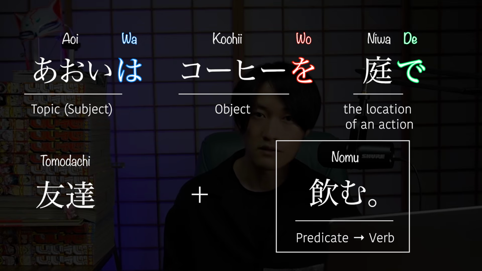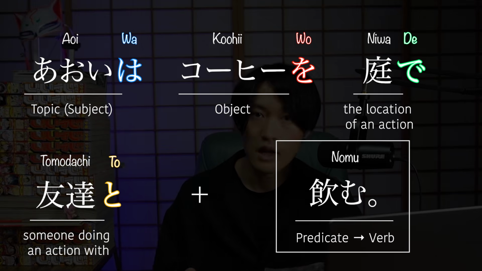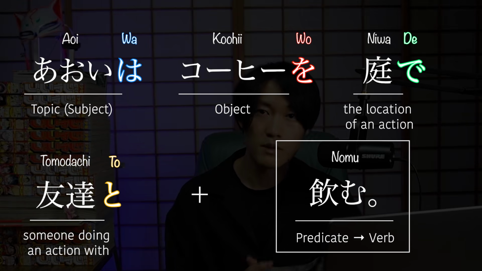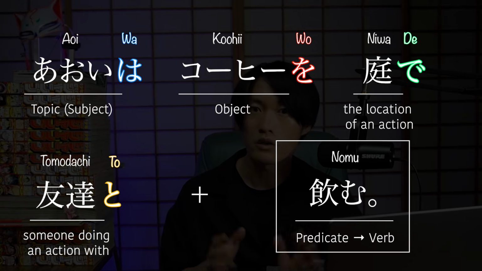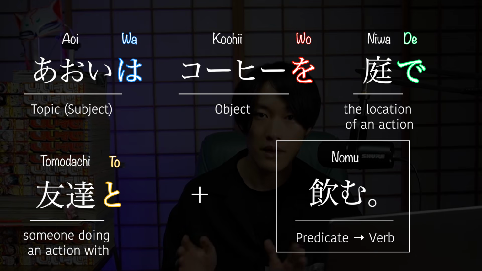Because this friend is drinking coffee together with Aoi, we use the particle to. It shows someone you're doing an action with, kind of like "with" in English. So when we put it all together, we get 葵はコーヒーを庭で友達と飲む. That's a full sentence.